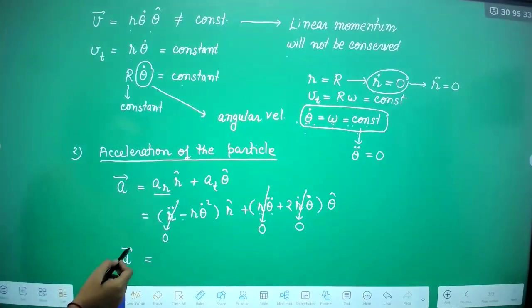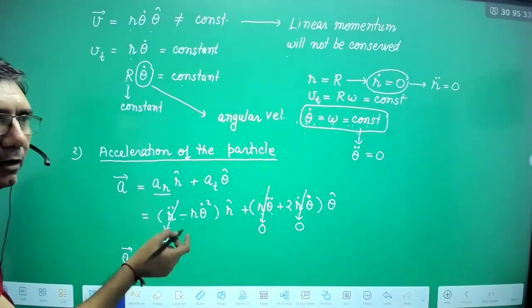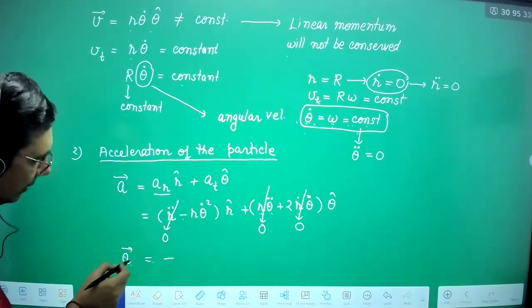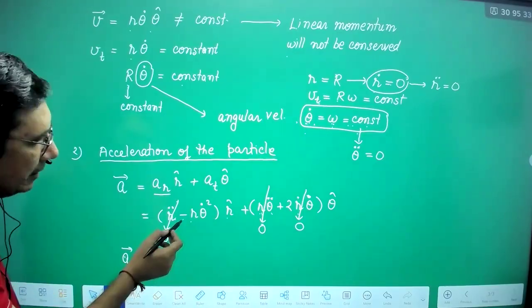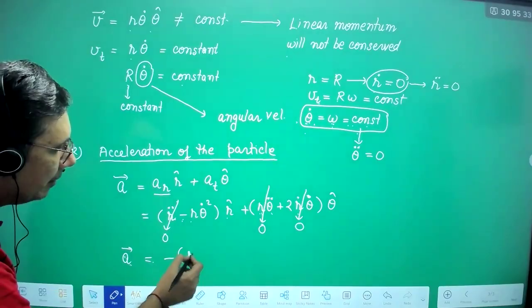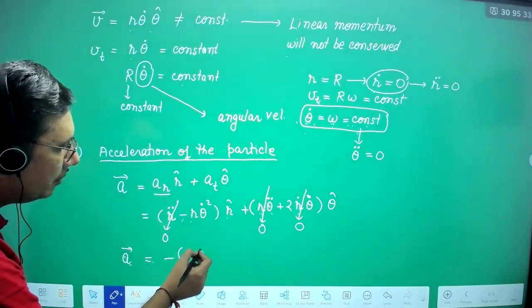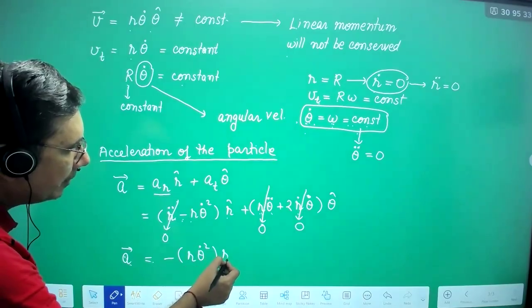So here, what will be the acceleration? Only one part, radially inward. This negative sign says that this acceleration is in the minus r cap direction. It will be R theta dot square, with r cap.